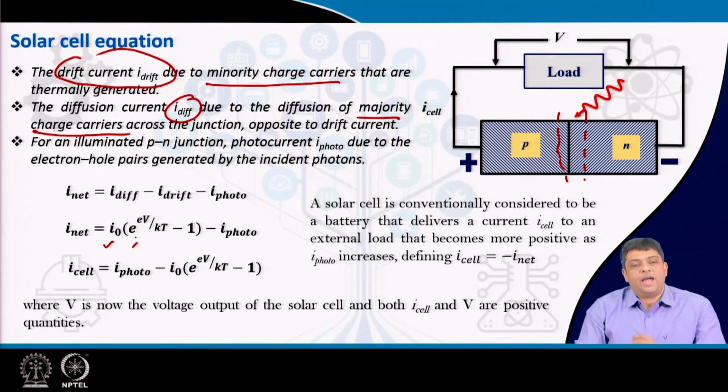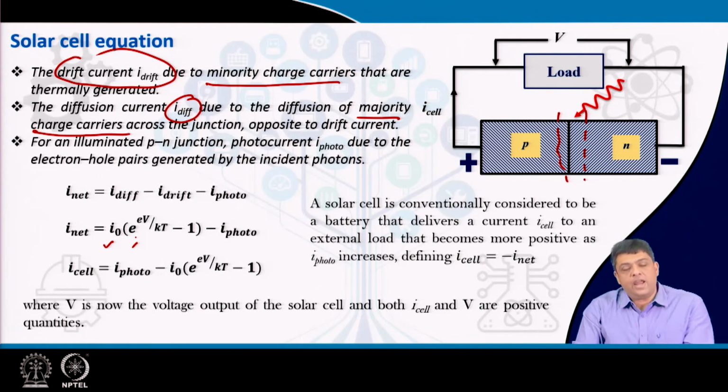Now, we know that a solar cell is conventionally considered to be a battery that delivers a current equal to I cell. This current flows through the external load and it becomes more positive as I photo increases.